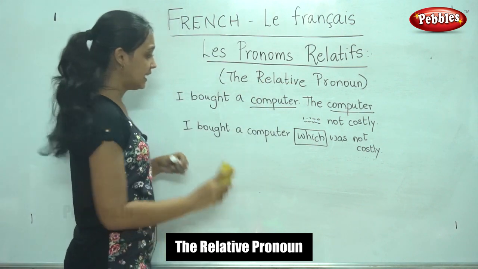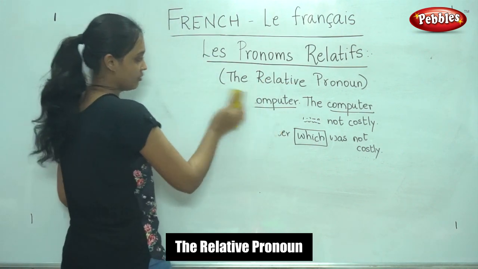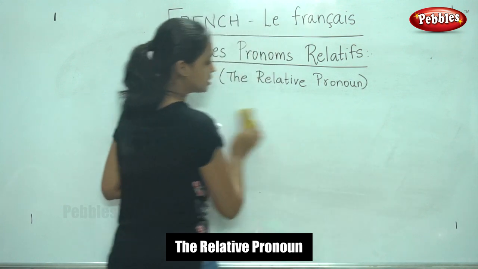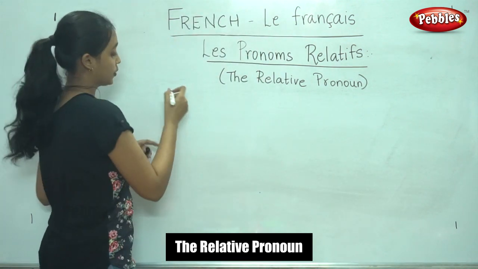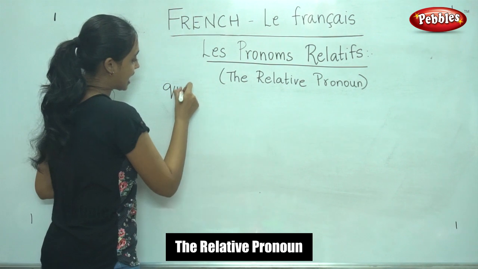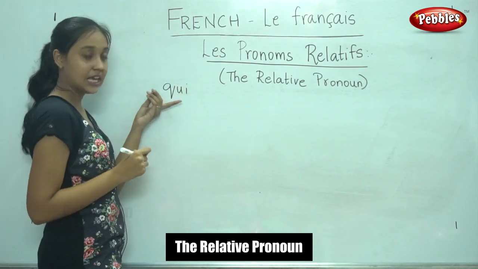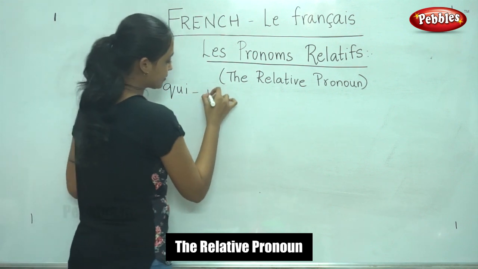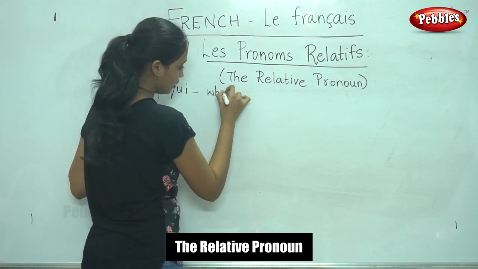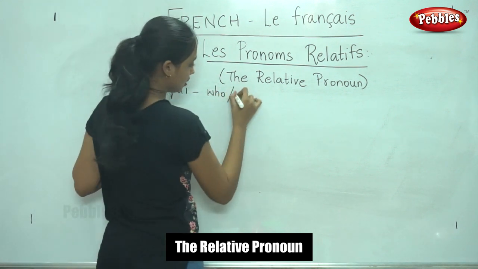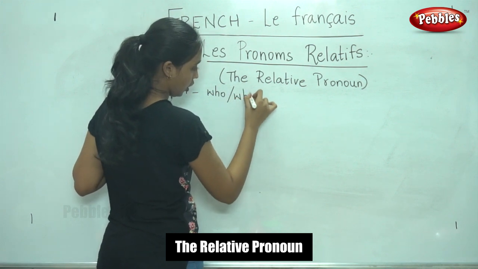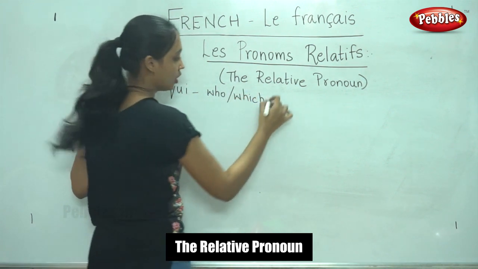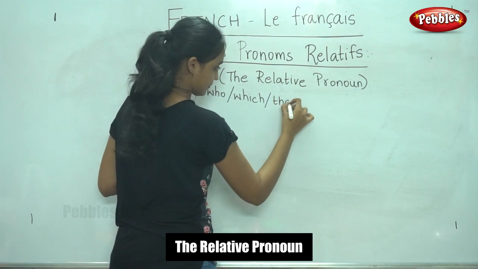So similarly in French, we have relative pronouns. So the pronoun we are going to learn is qui. Yes, you have already learned this word. This word might mean who or which or that.